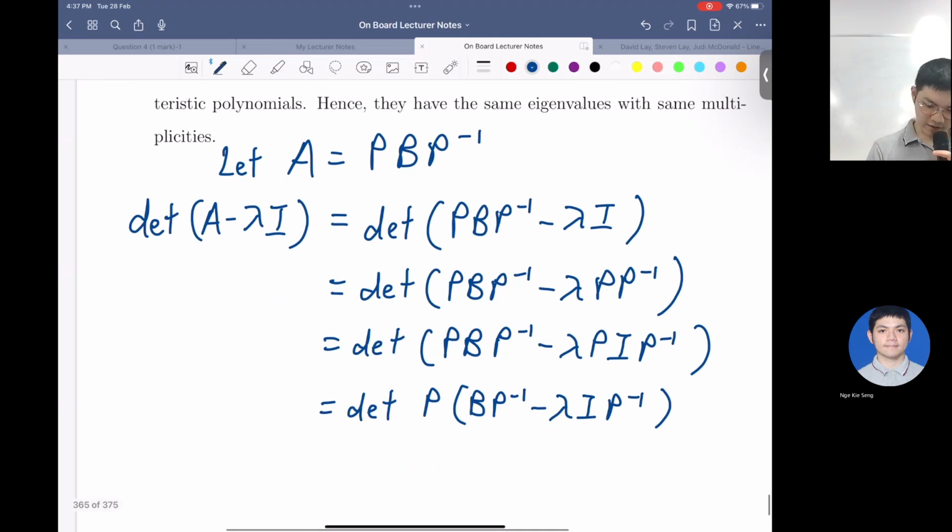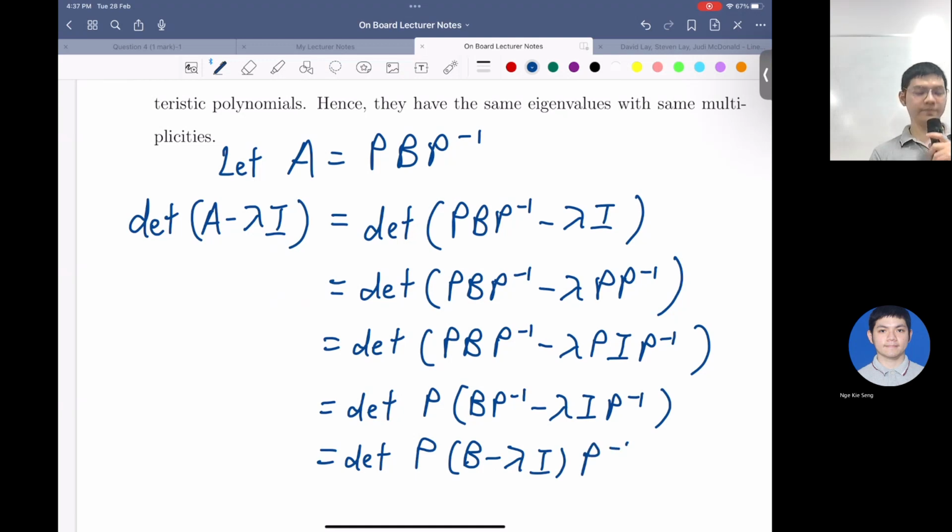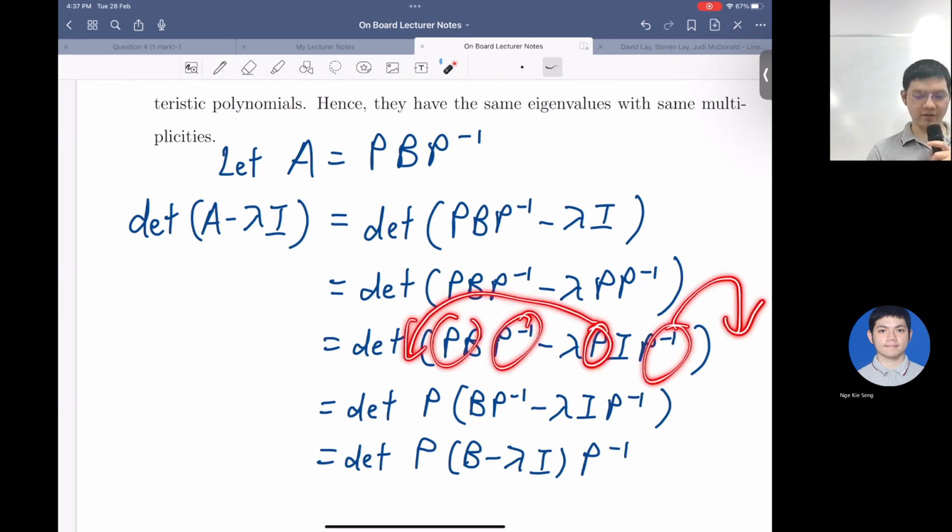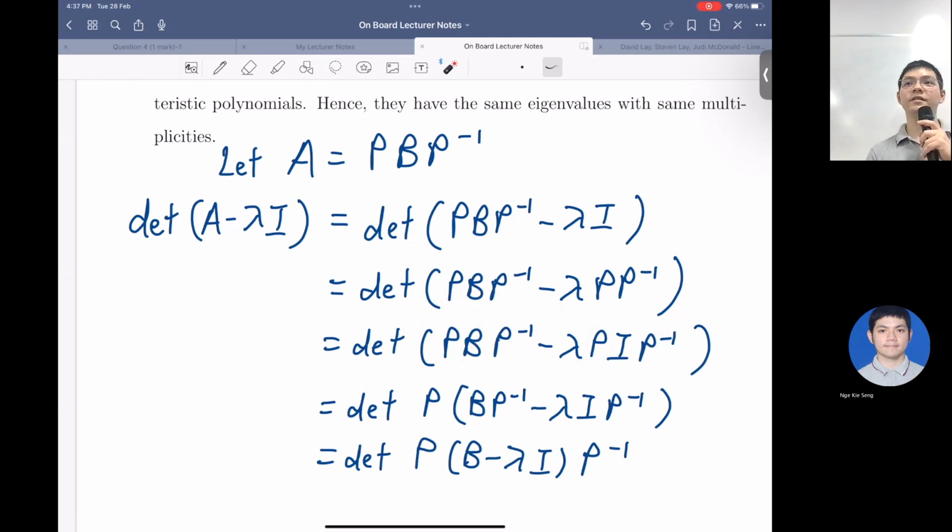and then we factorize P inverse out on the right. Does everyone agree on this factorization? P is factorized out on the left, P inverse on the right.